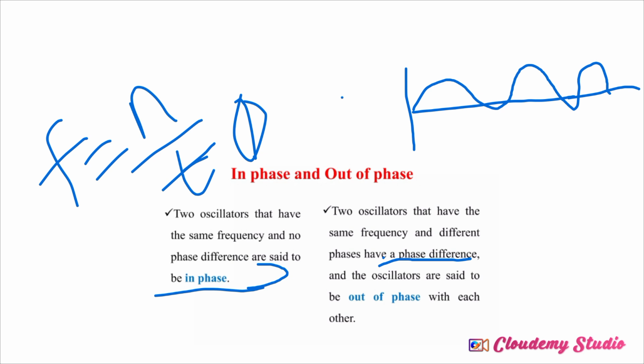We have something like this. This is also moving like this. We can say these two waves are in phase. But let's say we have something like this.